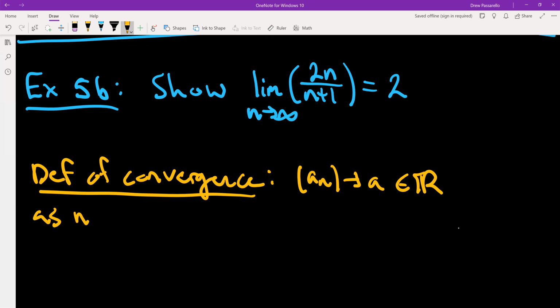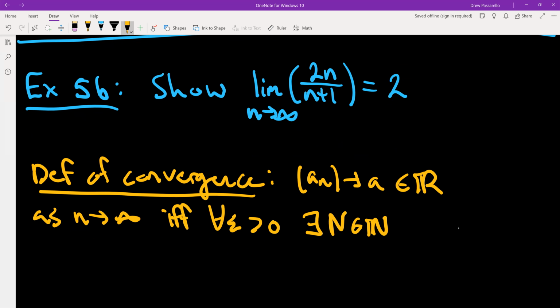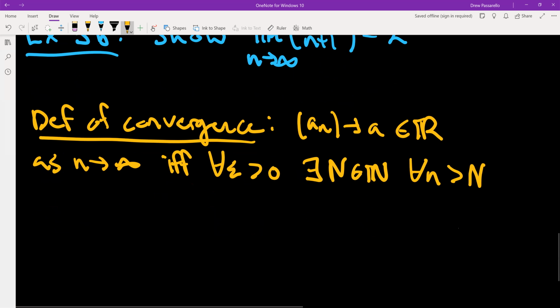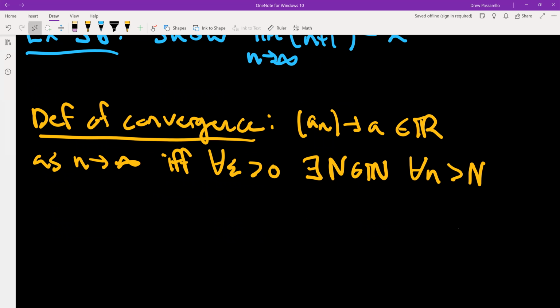So as n goes to infinity, and that's if and only if for all epsilon there exists a capital N in the natural numbers so that for all little n bigger than capital N, so for the terms with indices little n that are beyond the term with index capital N, you have the absolute value of a_n minus a to be less than epsilon.